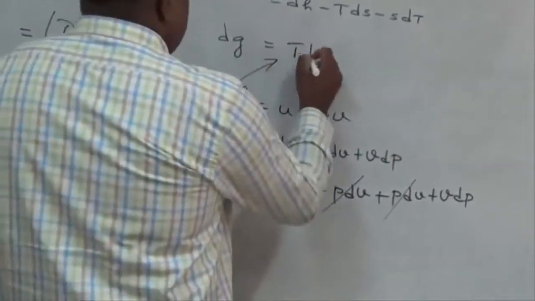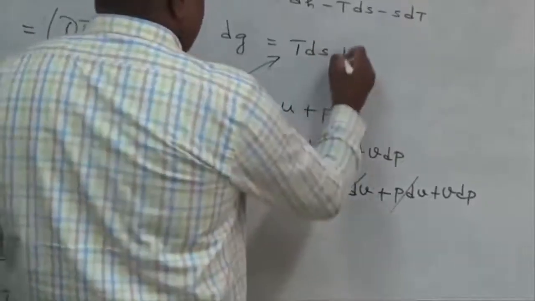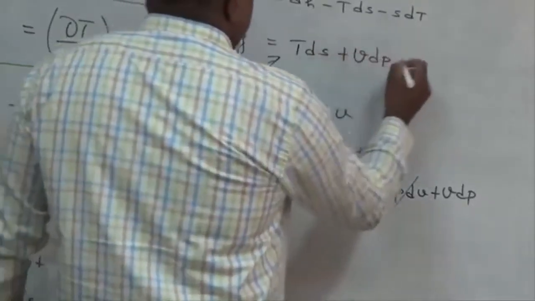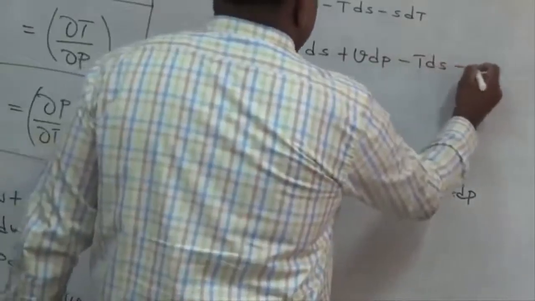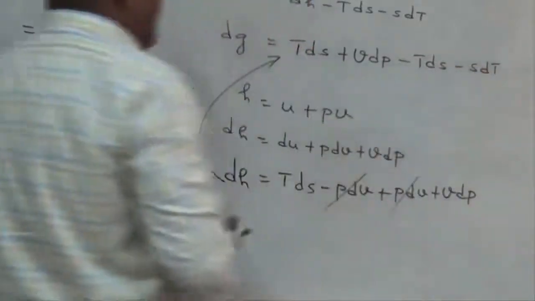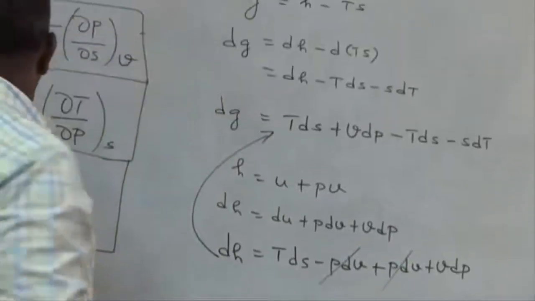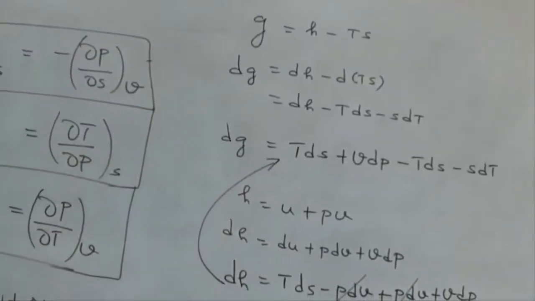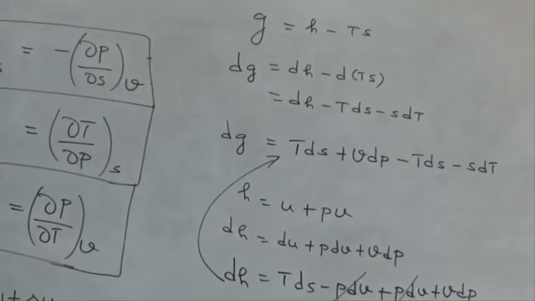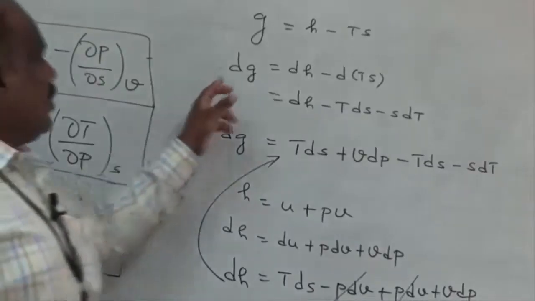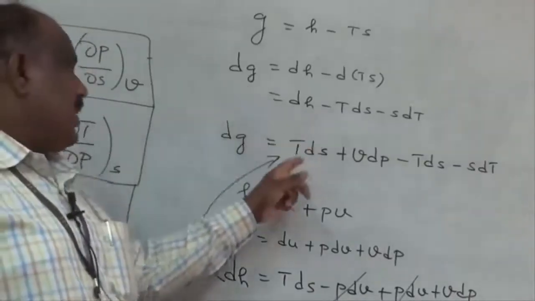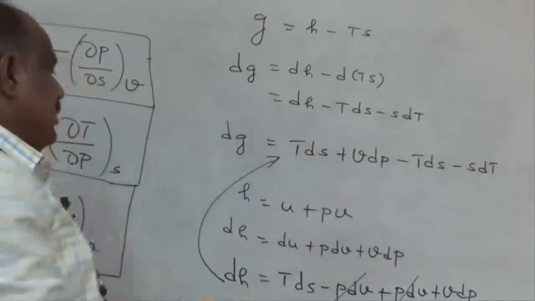So it is T into dS plus VdP minus TdS already existing there minus S into dT. Ultimately our aim is that there should be only one variable, either internal energy or enthalpy or Helmholtz function or Gibbs free energy function. So there should not be both G and H. So I have replaced H with the normal variables.